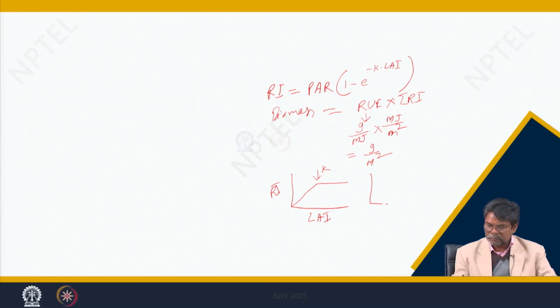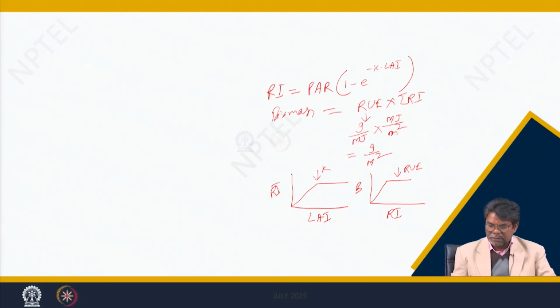With RI, radiation interception, the biomass also increases and then remains constant. There the factor is RUE, radiation use efficiency, the conversion of radiation into biomass.